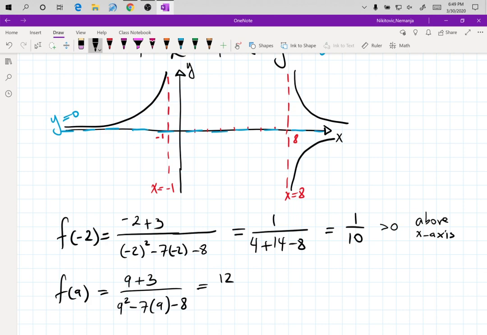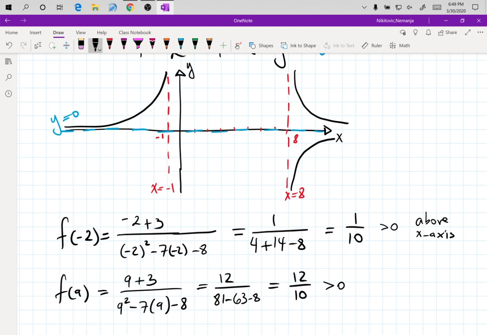This is 12 divided by 81 minus 63 minus 8, which is 12 over 10.